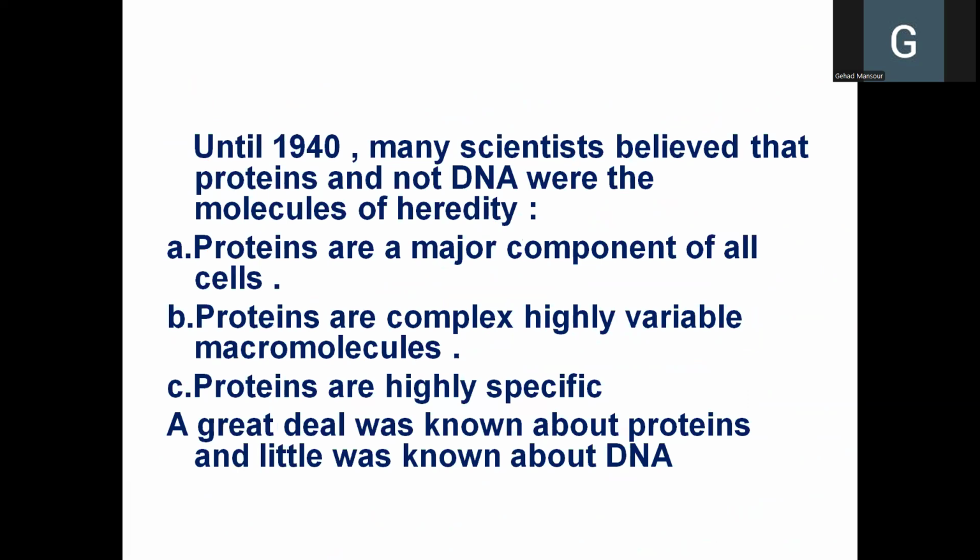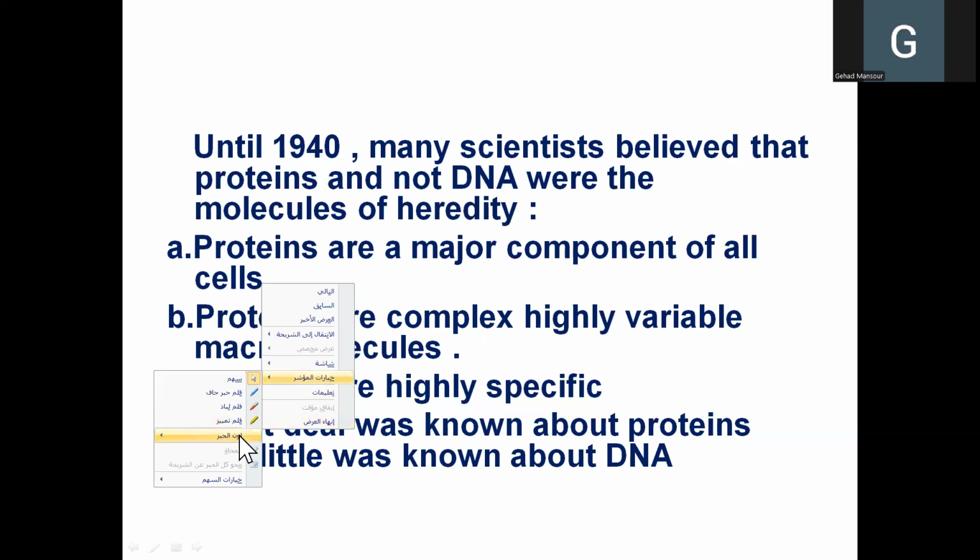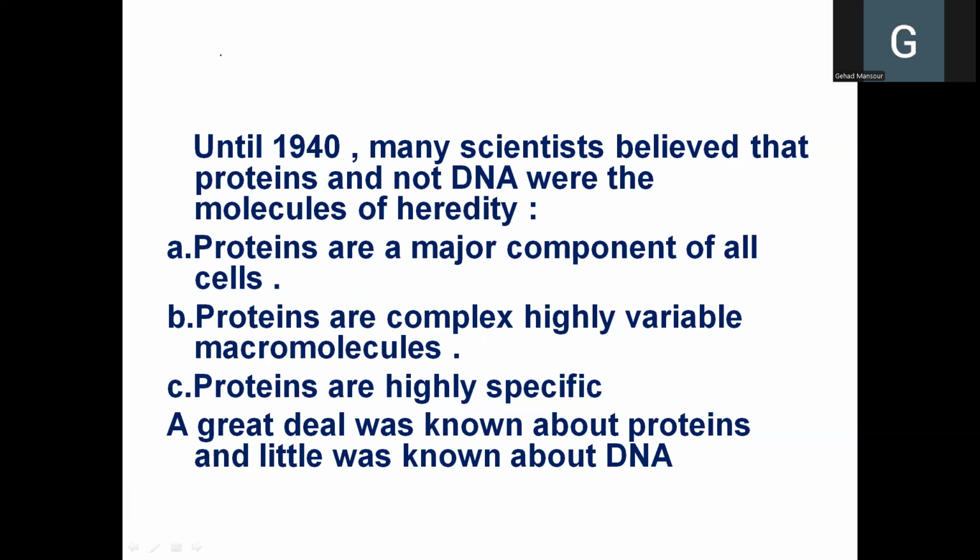As you know, scientists at first didn't know what the genetic material was, and they thought it was proteins because of three main reasons. So, question number 4: what are the major reasons that made the scientists think that proteins are the genetic material?